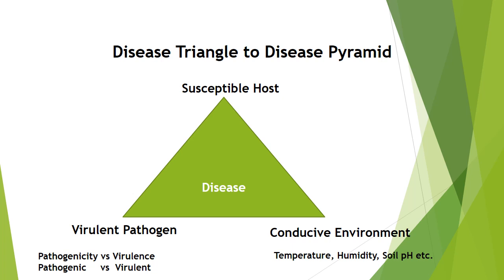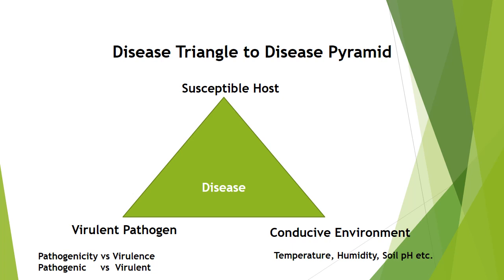From the word virulence, the word virulent originated. So a virulent pathogen is a microorganism which is able to cause a severe disease in the host.